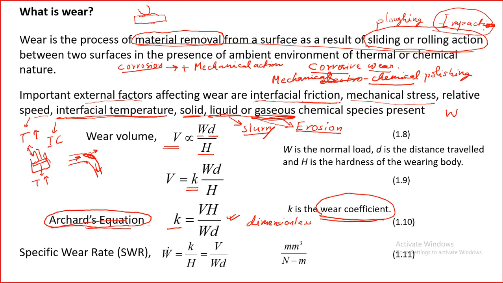As I said in the last lecture, often it is difficult to get the value of H, so we bring H down here, then we call it specific wear rate, K over H. K over H is known as specific wear rate, and in fact this is more popular than the wear coefficient. So whenever you conduct an experiment, you find out the wear volume, you know the load you applied, and you calculate the sliding distance, and you can easily calculate the specific wear rate.